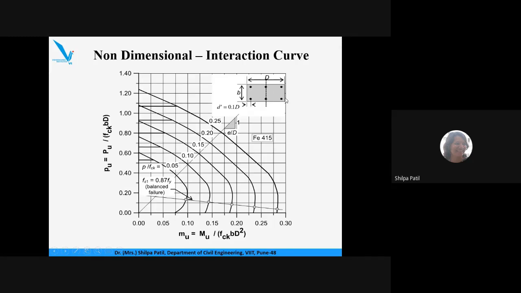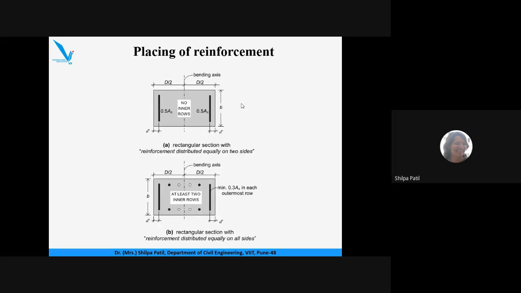Again, whether our column is a rectangular section, a square section, or circular. All these parameters have a direct impact on the interaction curve. So based on certain criteria, these interaction curves are developed, and these are provided in SP16.